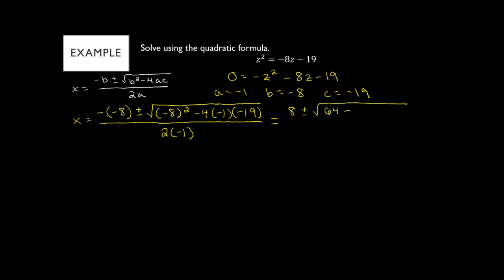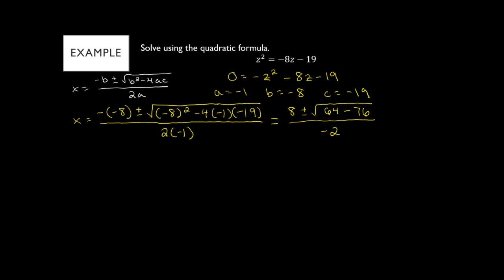So you can just leave that subtraction there and then do 4 times -1 times -19. And that gives you a 76. So we're going to have 64 minus 76. And now my square root's too long, so now I'm going to fix that. And I can see already I'm going to get imaginary numbers here because I'm going to get a negative under the square root. And then I have 2 times -1, so that's going to be -2 in the denominator.